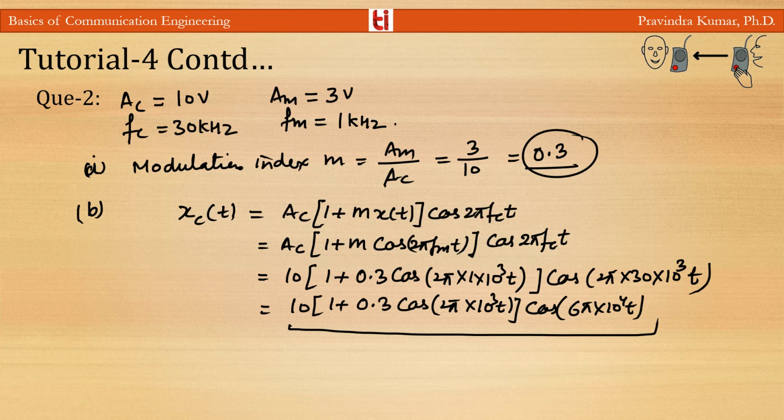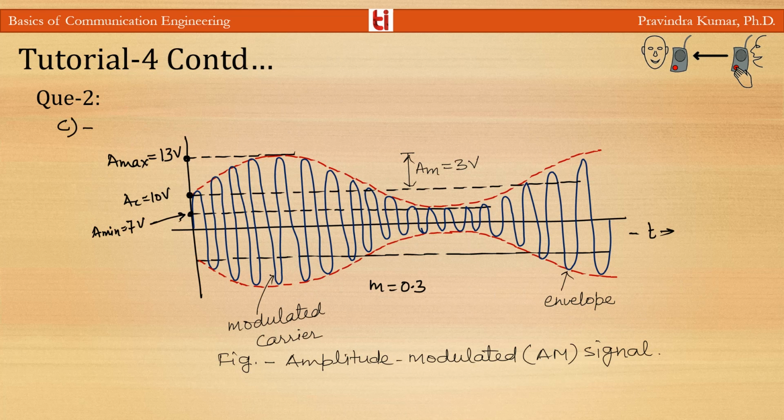And now the modulated waveform. Here A max is AC plus AM. AC is 10 and AM is 3, so it is 13 volt. A minimum is AC minus AM, so it is 10 minus 3, which is 7 volt.